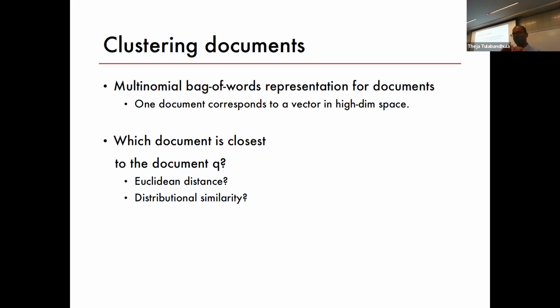So some coordinates could have counts going up to the number of times the word appears, and so you can ask what document is closest to a given document Q. Each document is now represented as a vector in the vocabulary-size vector space.